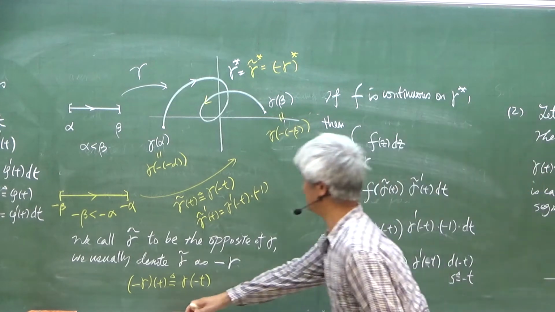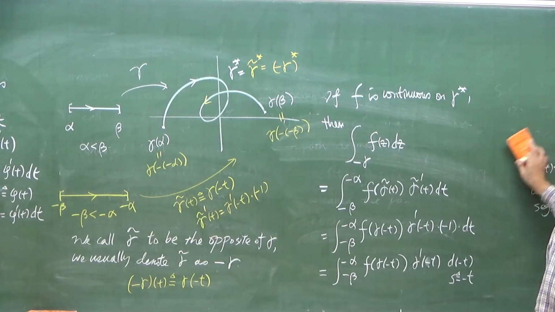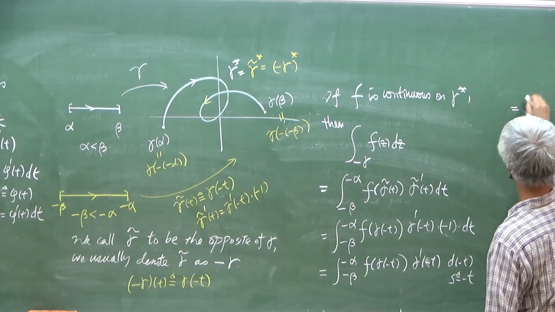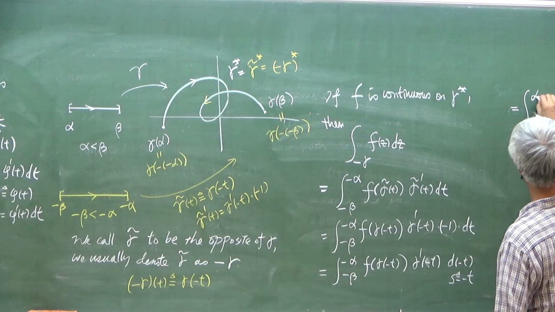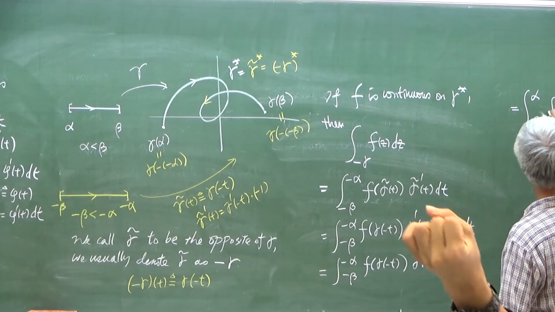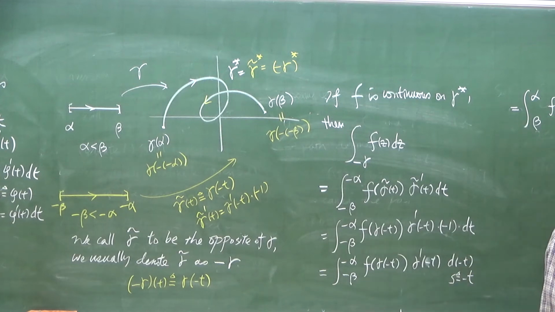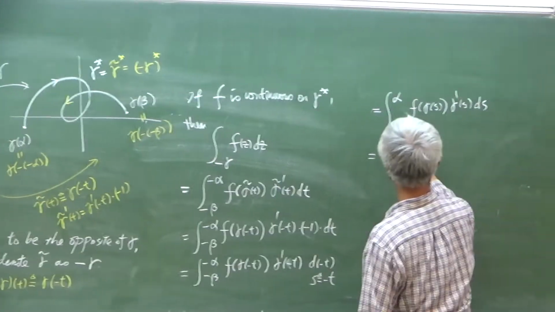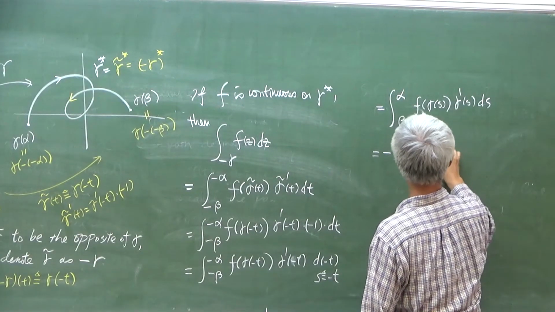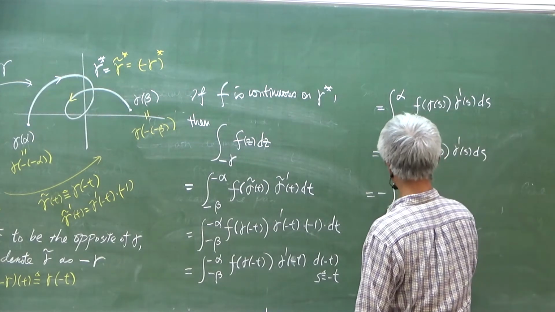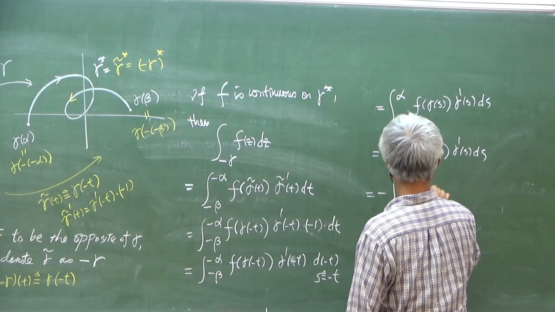So this becomes the integral from beta to alpha, which is equal to minus the integral from alpha to beta of f of gamma x times gamma prime x dx. So this is minus the line integral over gamma.